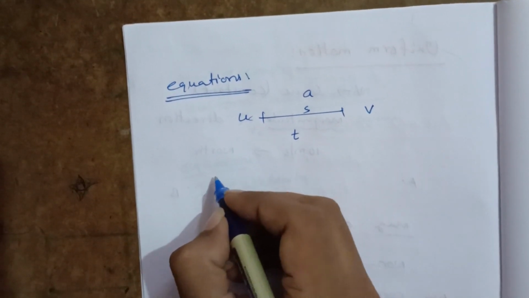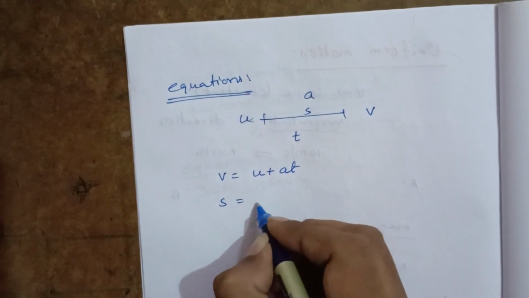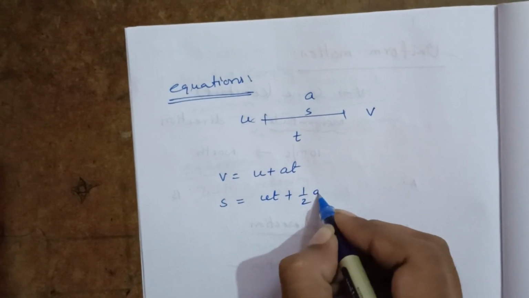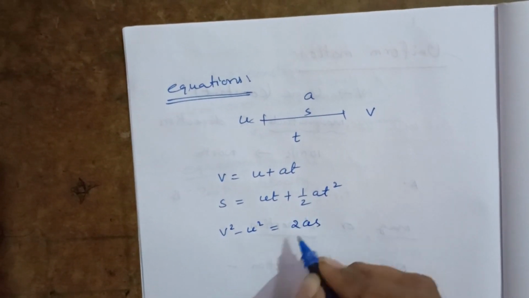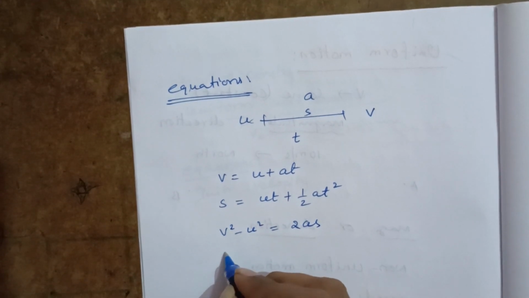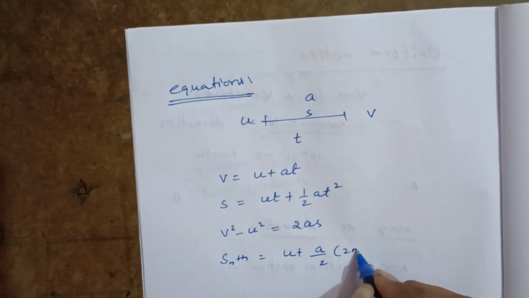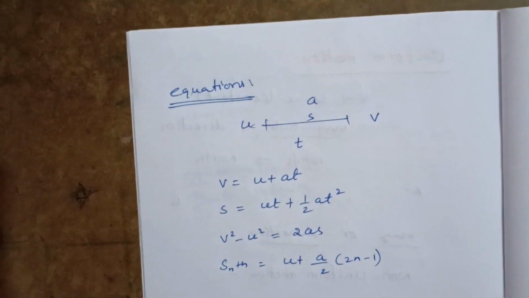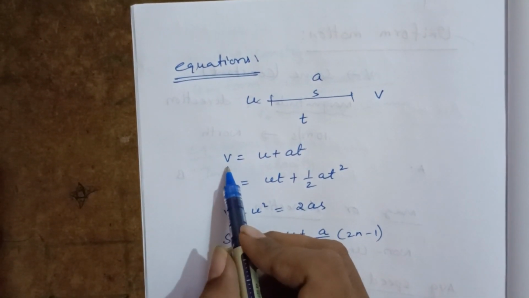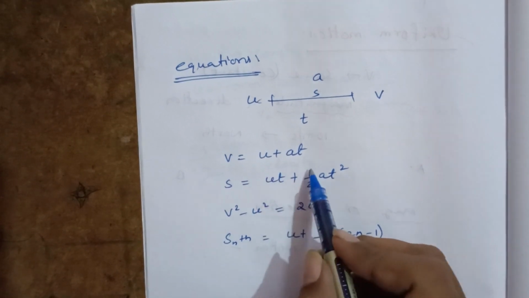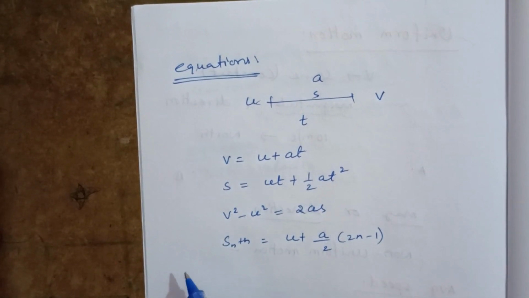So we can write the equations: v equal to u plus at; s equal to ut plus half a t square; third equation, v square minus u square equal to 2as; fourth equation, s nth equal to u plus a by 2 into 2n minus 1. Four equations. v is the final velocity, u is the initial velocity, a acceleration, t time, s displacement.